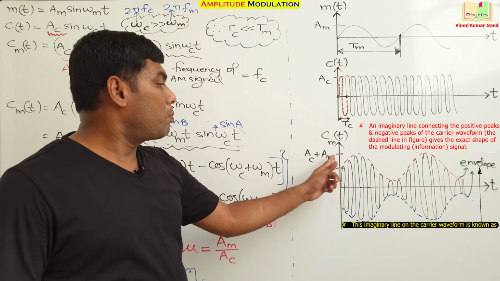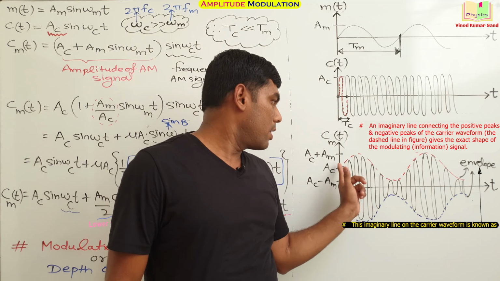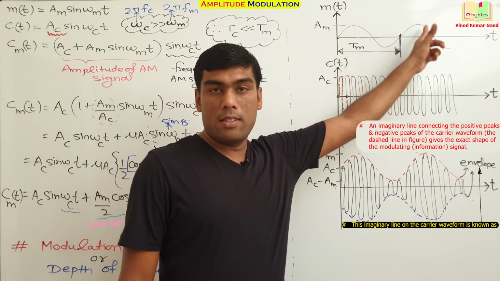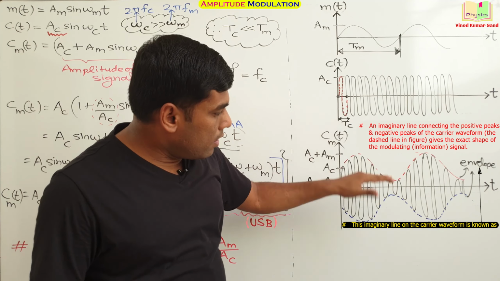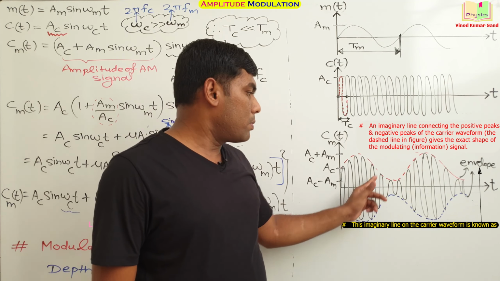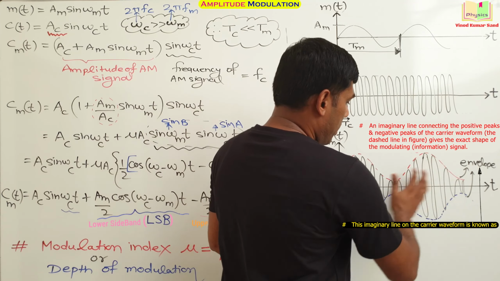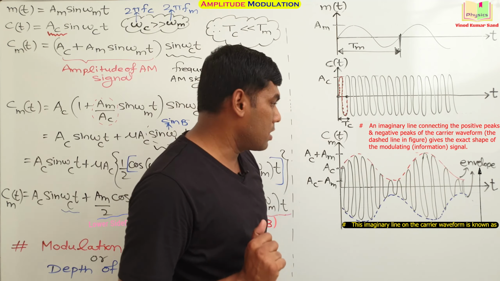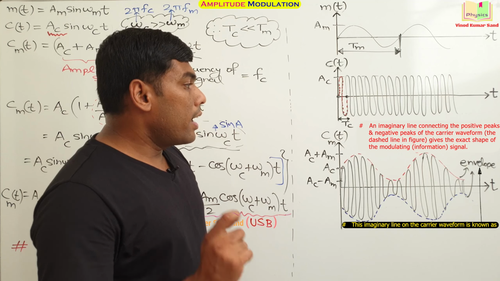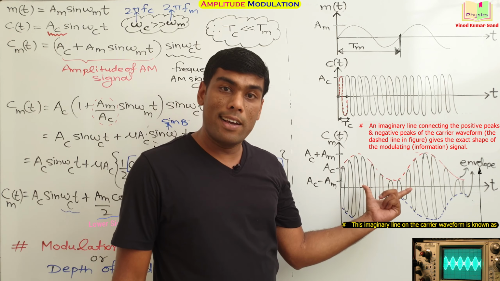And then we have to plot this message signal. Keeping the AC as the reference, I have plotted the message signal. Then we take the mirror image of this message signal like this, and then we fill up the carrier wave inside the envelope. So this is the AM signal. Do you get this?